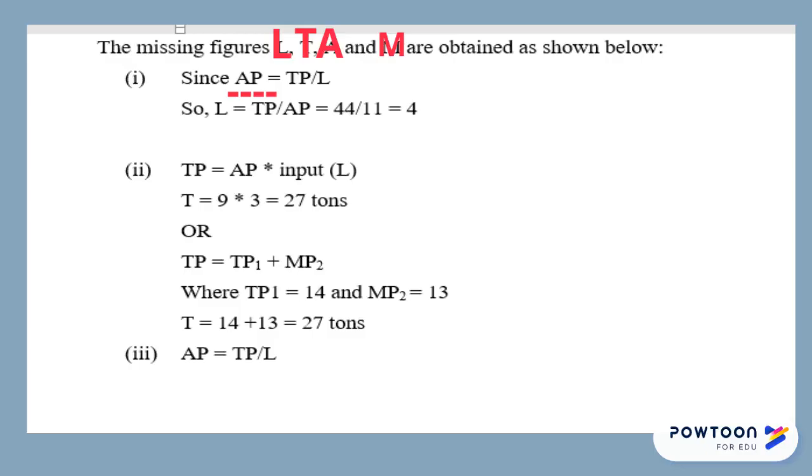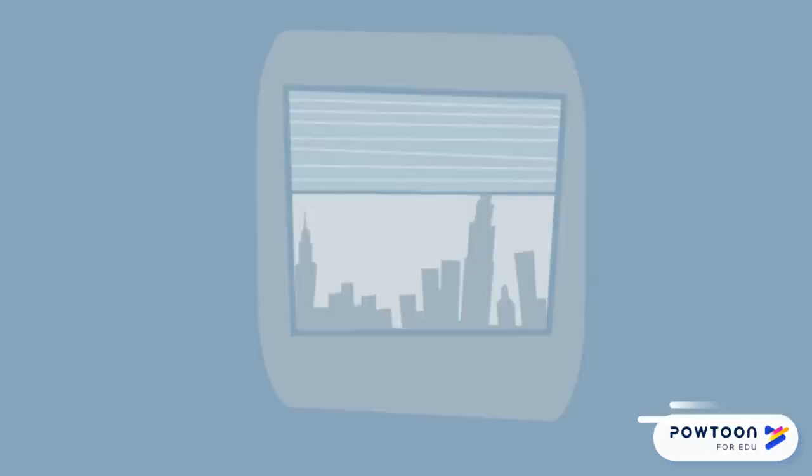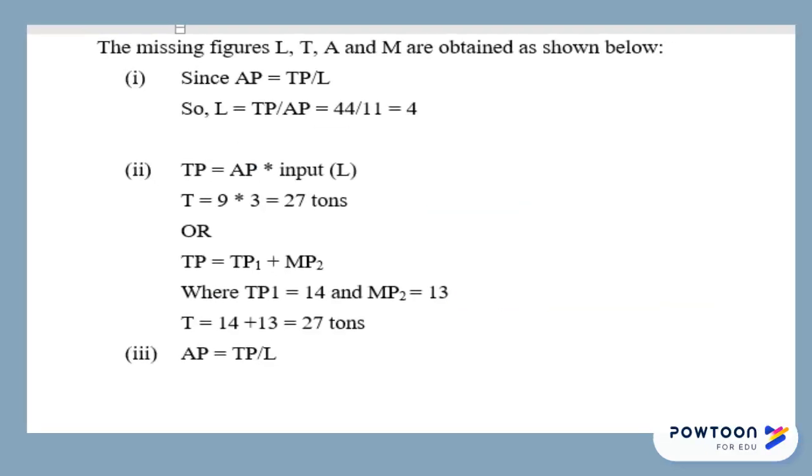Since AP is equal to total product over L, from the table, the total product is 44, while the average product is 11.